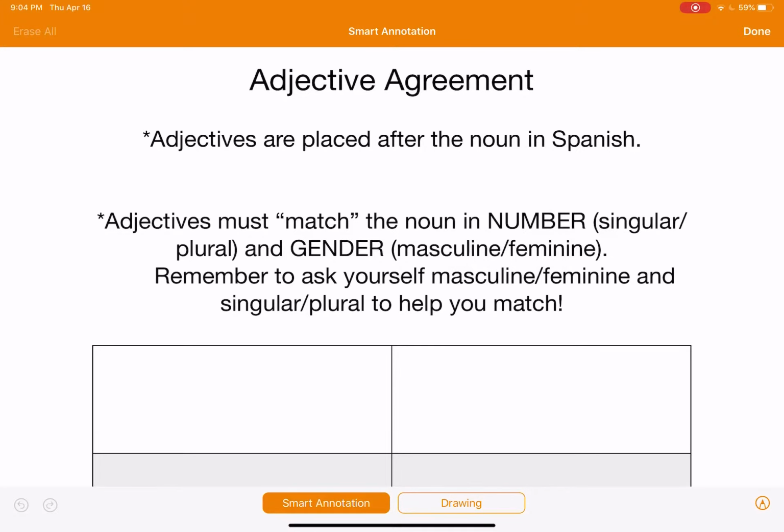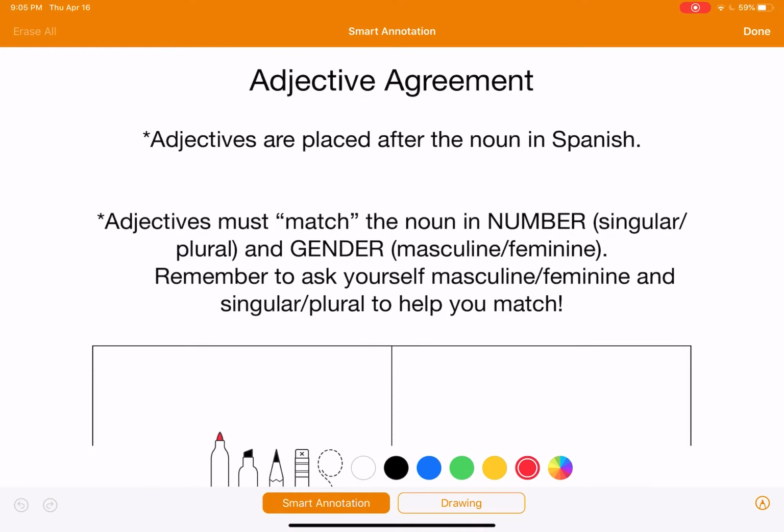Okay, so the first rule that you have to remember with adjectives in Spanish is that they have to be placed after the noun that they describe. So, what this looks like in an example in English. Okay, in English we would say something like the tall boy. Okay? However, in Spanish, we cannot structure our sentence in this way.